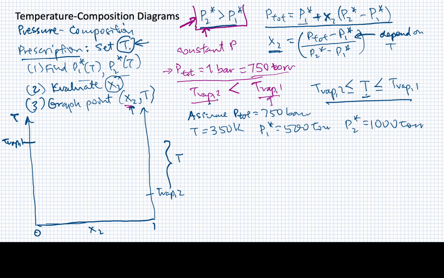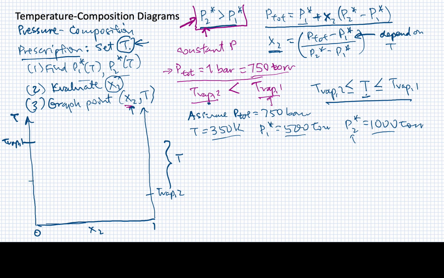Okay, now let's think about those numbers. This is greater than that, so this is the more volatile of the two components. Because it's more volatile, it has the lower boiling point. All right, and the assumption here is, of course, that this particular temperature is between those two boiling points.